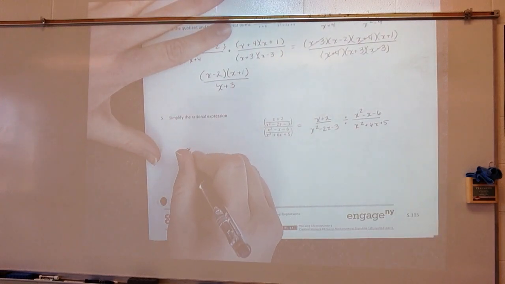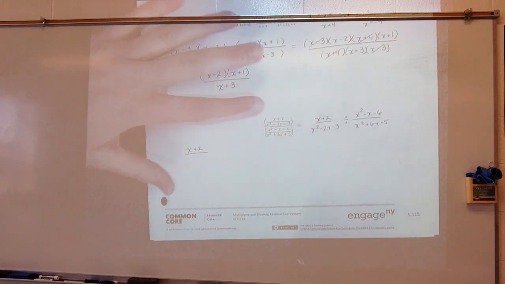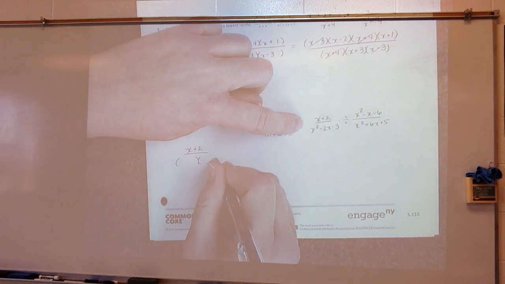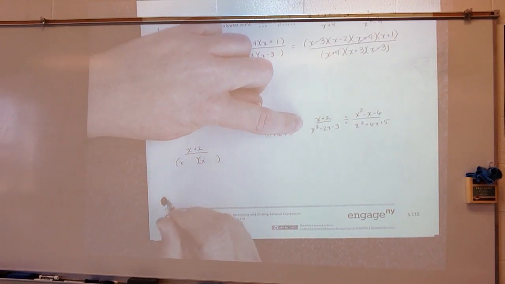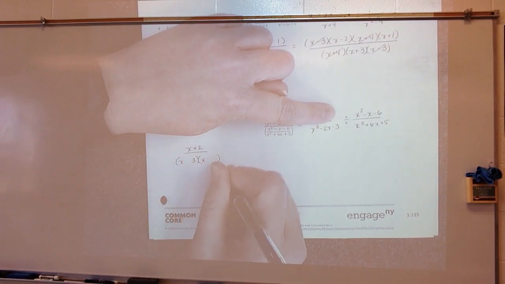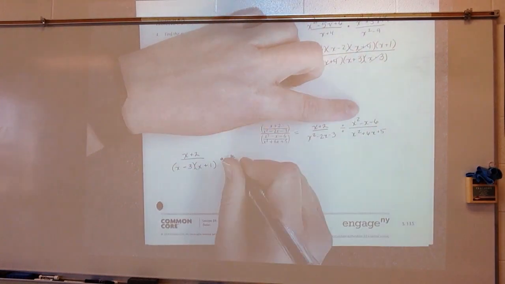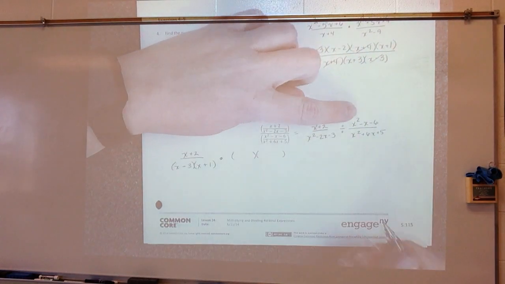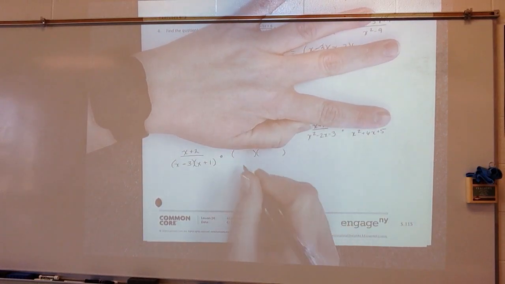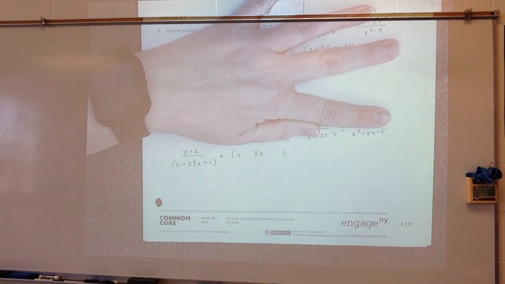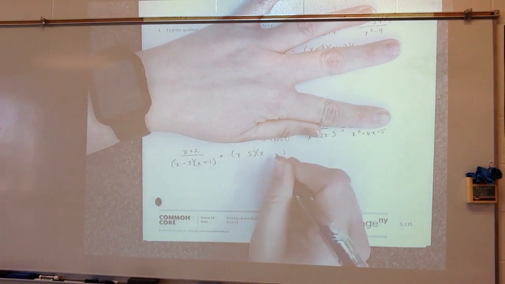So I get x plus 2. Let's factor this one. I get x and x. I want to be able to subtract, so 3 and 1. I'm going to change it to multiplication, and then flip it. So I'm going to factor this on top, x and x. 5 plus 1 is 6.